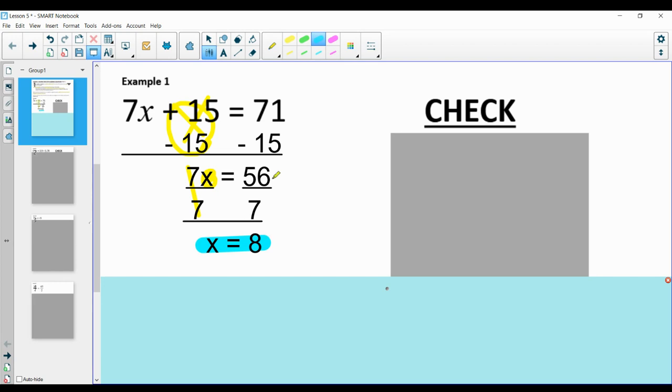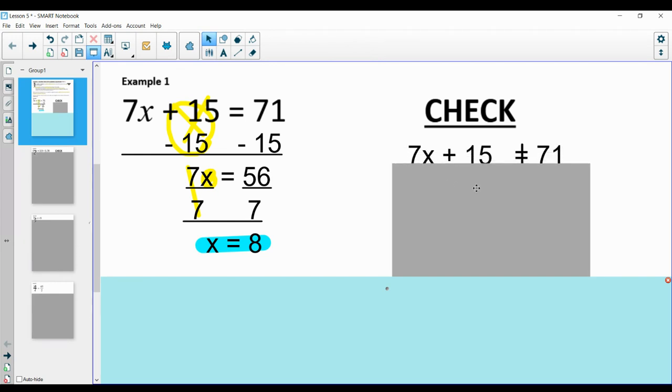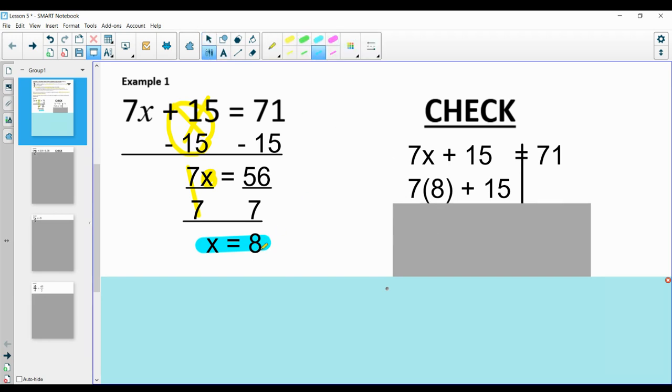But now we want to check our solution. To check the solution, you're going to follow the same steps over and over again. So the first step of every check is you rewrite the original equation: 7x plus 15 equals 71. The second step of every check is to substitute in the value of the variable. We're checking to see if x really is 8. So wherever there's an x, you plug in the 8.